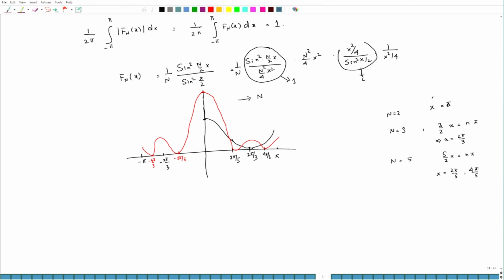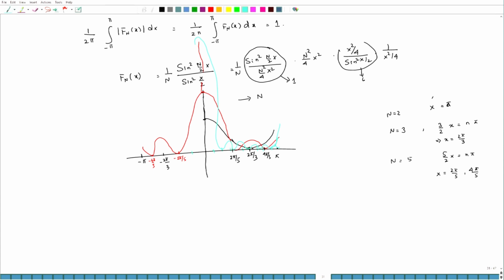Similarly, if we take a large n, there will be more and more zeros. It is going to look like this, and it is a 2 pi periodic function.